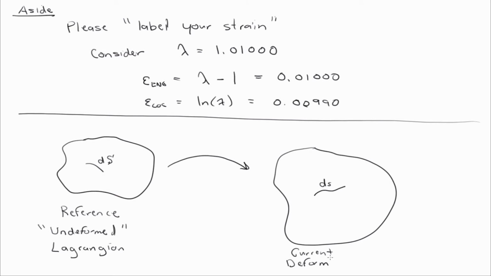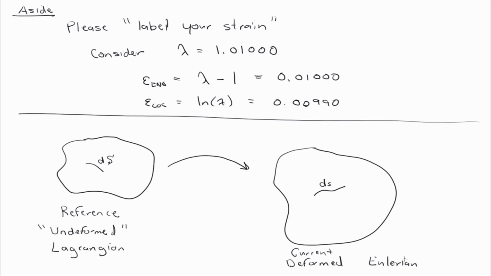And you might hear me say it just out of habit. I'm going to really try hard to use reference and current, but you may hear me say undeformed or deformed just out of habit. And if you do, that's what I mean. So deformed, and of course this is also known as the Eulerian configuration.